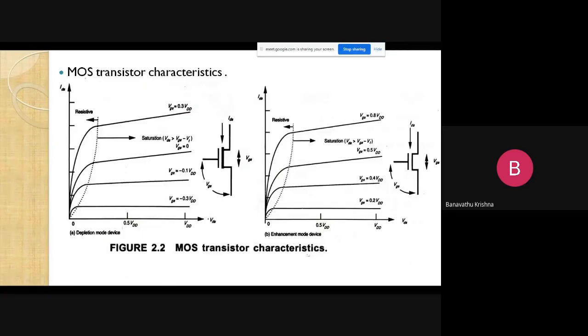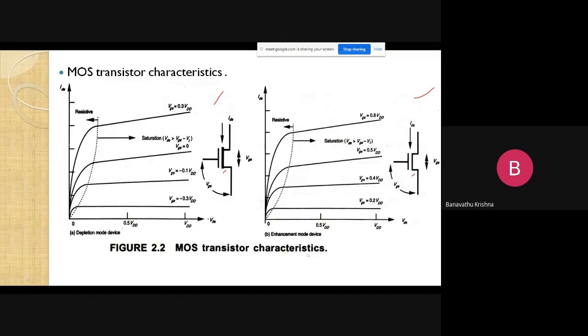This is in depletion mode and this is enhancement mode. Clearly you can observe the thick line with the arrow mark: the thick line is nothing but depletion mode. Here there is no thick line, so it is enhancement mode, right?